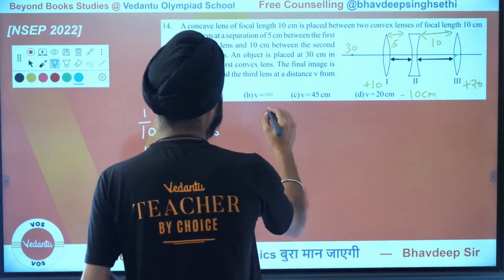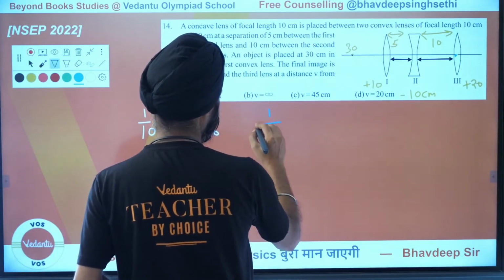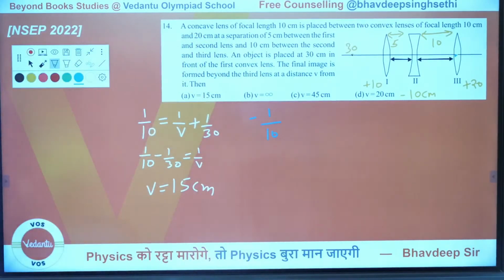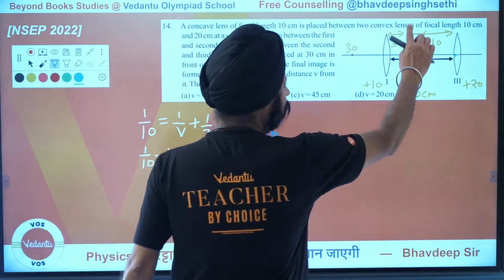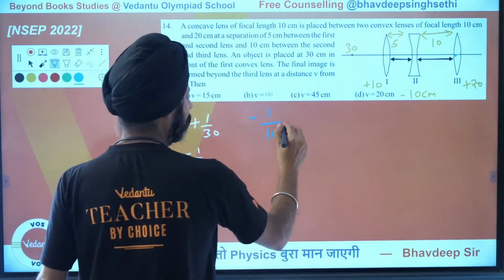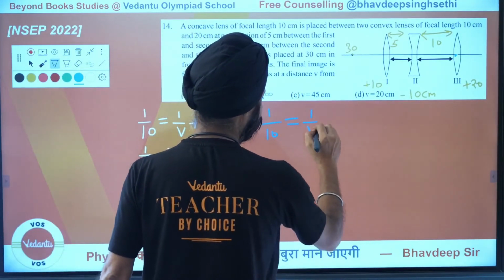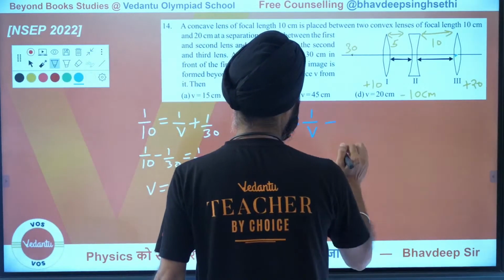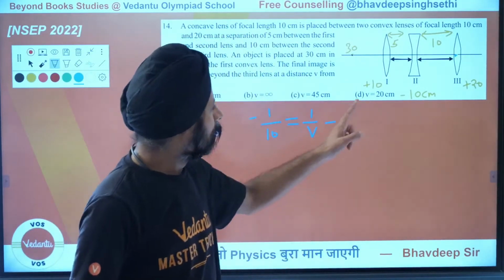So it says 1 by f. So 1 by f is negative 1 by 10. I don't know if that is legible to you, this color. Let me double check. Yeah, it's legible, it's clear. So this has a focal length of 10, but negative. 1 by minus 10 is equal to 1 by v minus 1 by u, but how much is u?